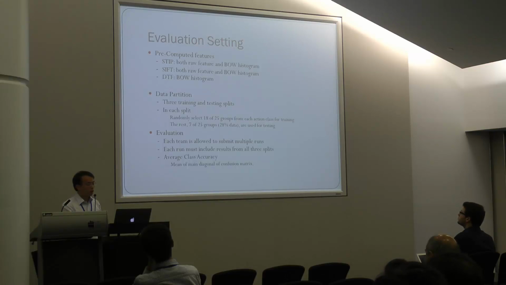Each team is allowed to submit multiple runs, and each run must include results from all the splits. Officially, we report the average class accuracy, which is the mean of the main diagonal of the confusion matrix.